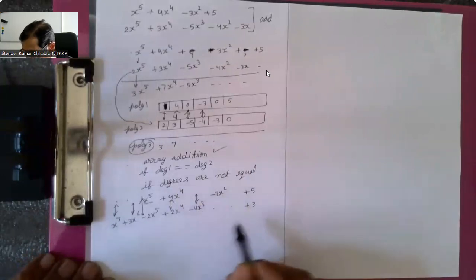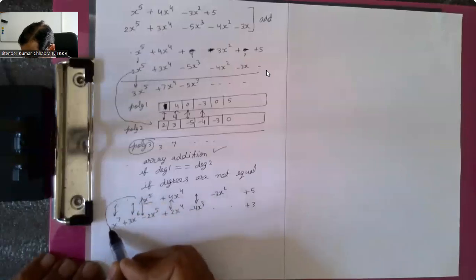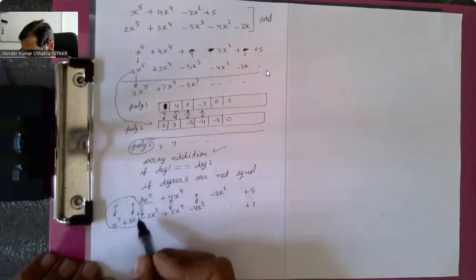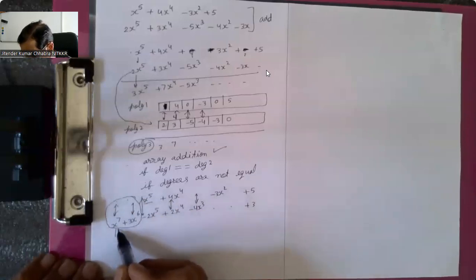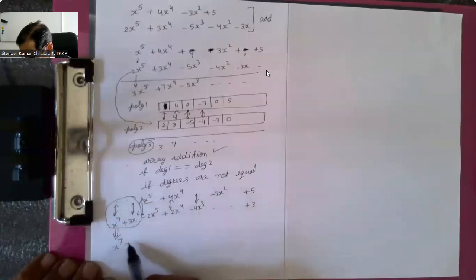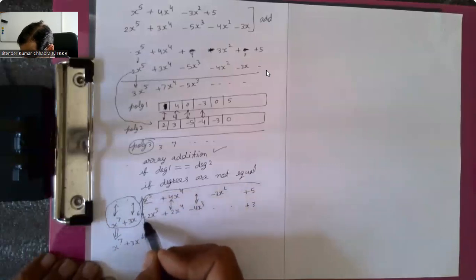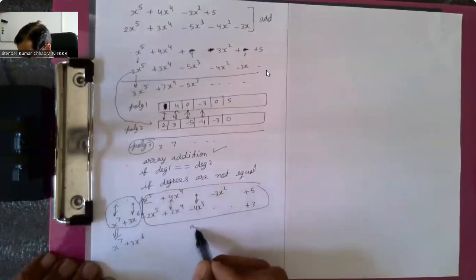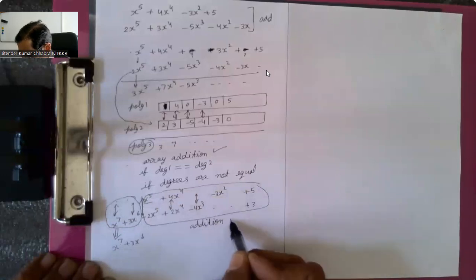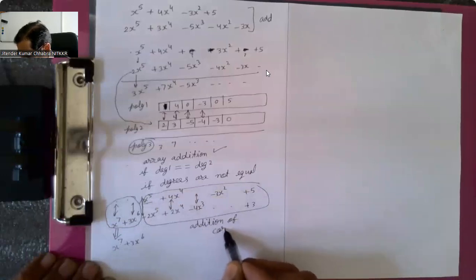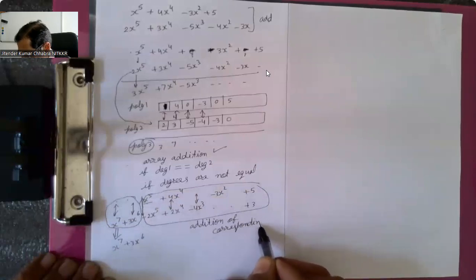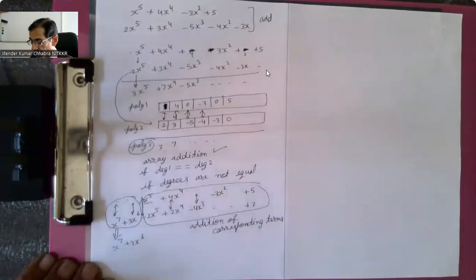What effectively was needed? These two terms which are not there in polynomial 1 will come as they are. And once these are there, the rest is nothing but addition of corresponding terms. So this is a simple logic now, and I know this is what I have to do.